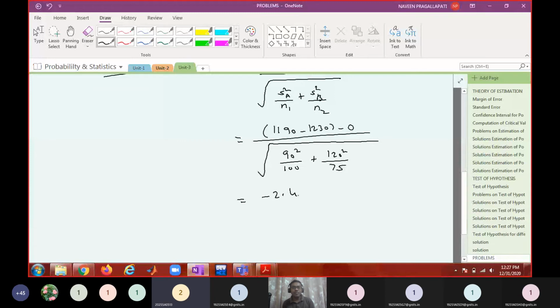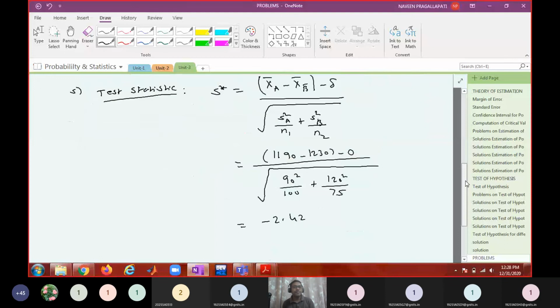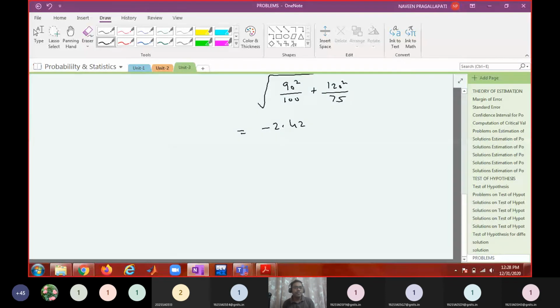Where is this minus 2.42? Is it falling in the critical region? This minus Z alpha is minus 1.645 and this test statistic is minus 2.42.